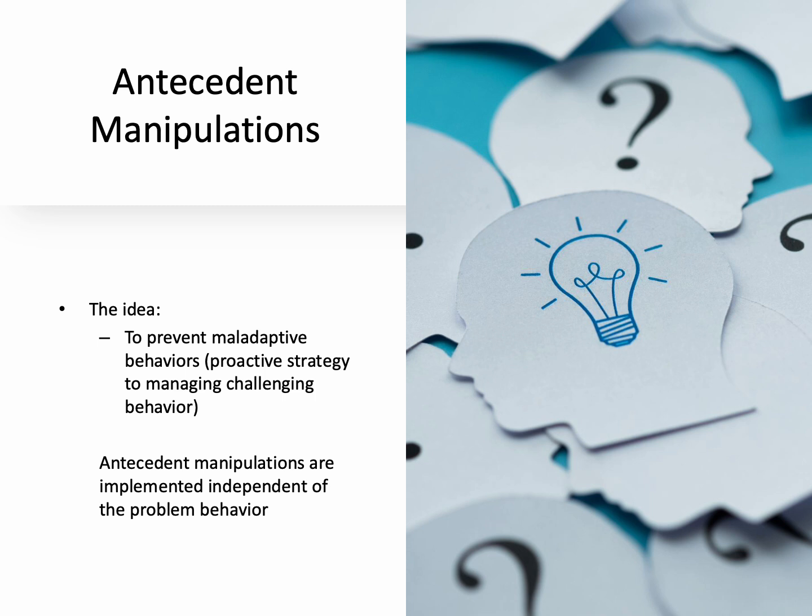Antecedent manipulations are considered a form of proactive strategy for managing challenging behavior, rather than waiting for them to engage in behavior and then treating the behavior and modifying the consequences. Instead, we're trying to teach them new skills, and maybe make it less likely for them to engage in a behavior. Okay. And the important thing is that antecedent manipulations are implemented independent of the problem behavior. You don't need to wait for a problem behavior to occur to implement an antecedent intervention.